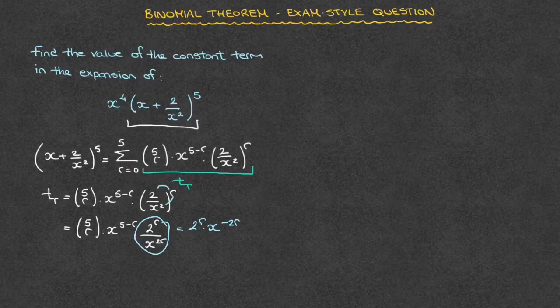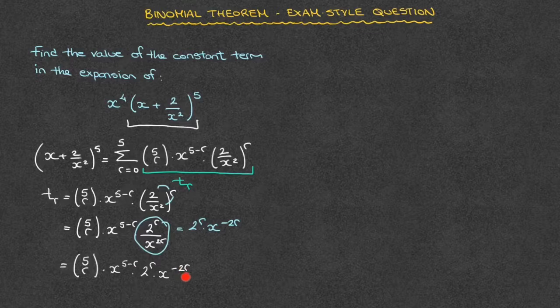Keeping that in mind, our general term can be written as the binomial coefficient 5r times x to the power of 5 minus r times 2 raised to the power of r times x to the power of negative 2r. Finally, when we multiply these two powers of x together, we add this 5 minus r and this negative 2r.